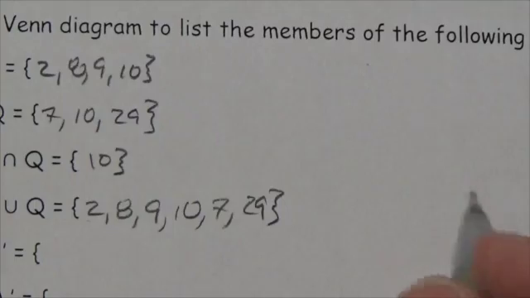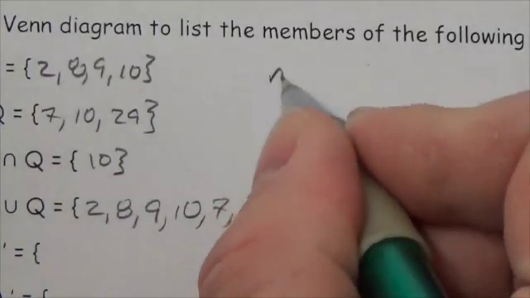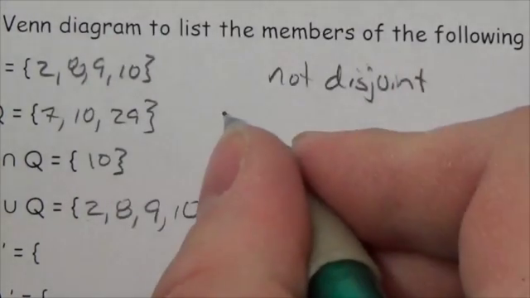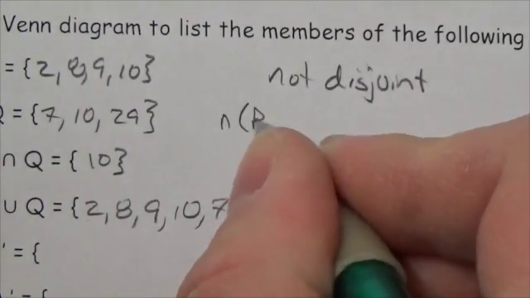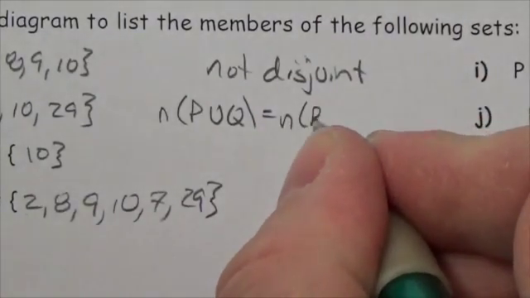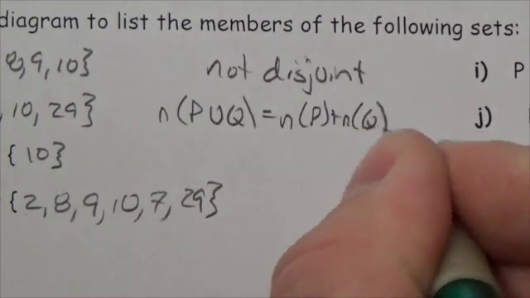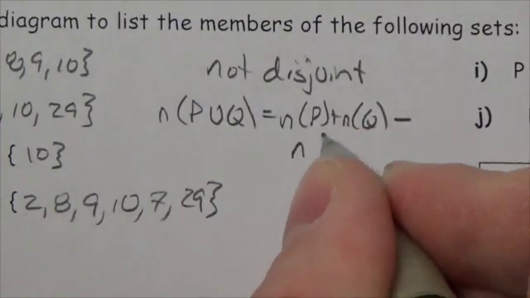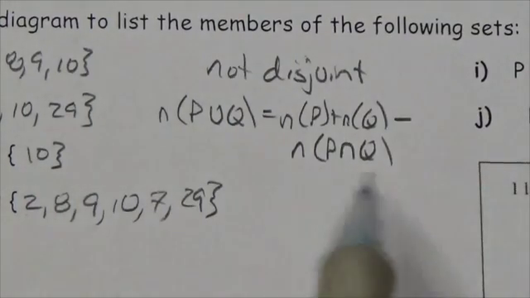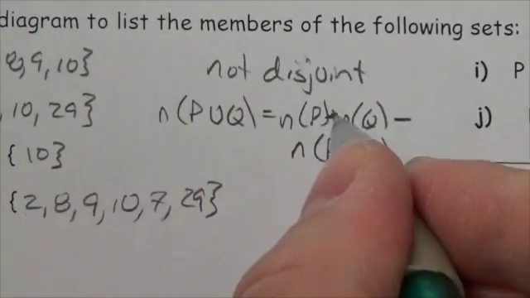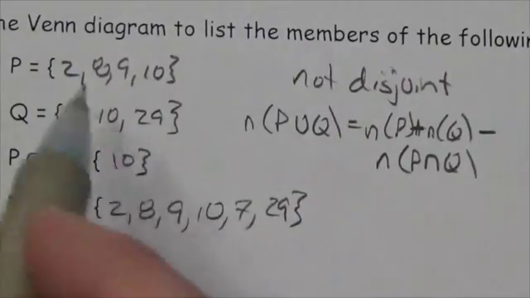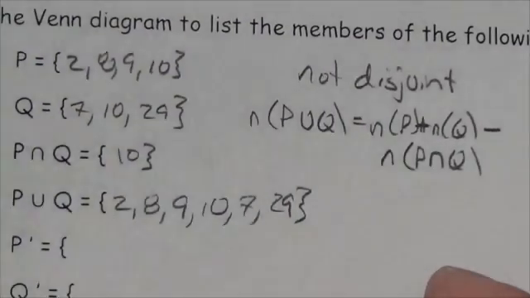And so when they're not disjoint, the number of elements in P union Q is going to be the number of elements in P plus the number of elements in Q, and then we're going to subtract the number of elements in P intersection Q, because we don't want to count those elements twice. Anyway, that's really not what this is about here, but it's just an interesting little side note because you can see it right now in this particular example.